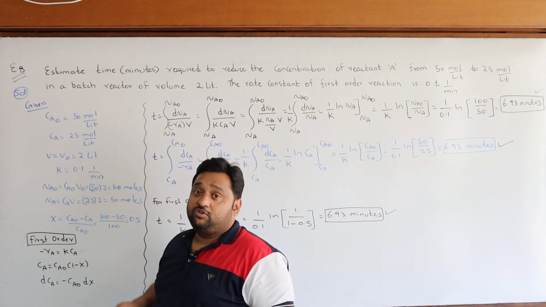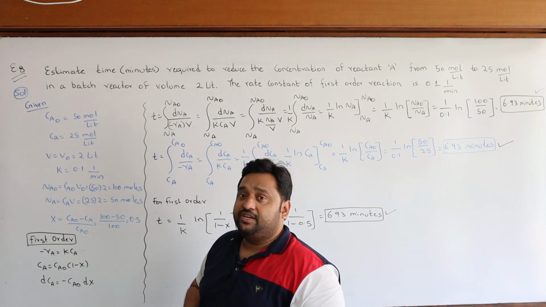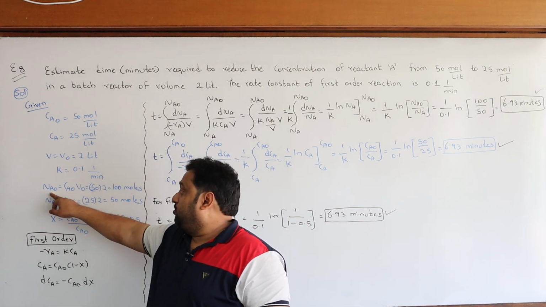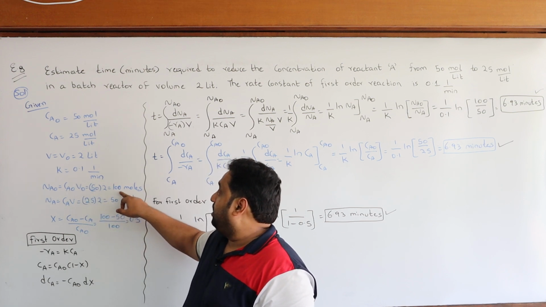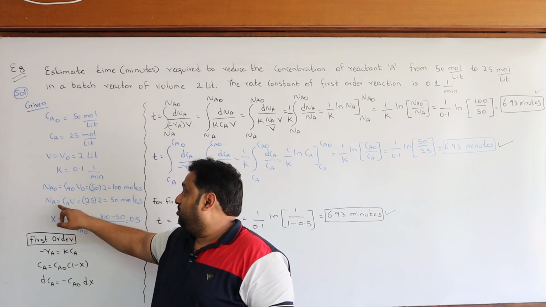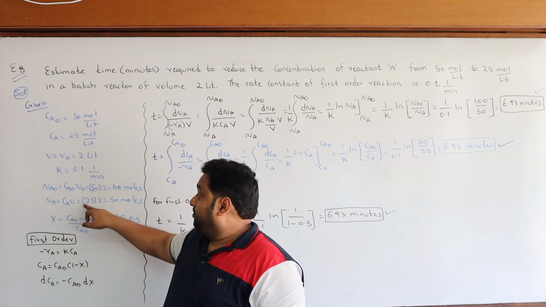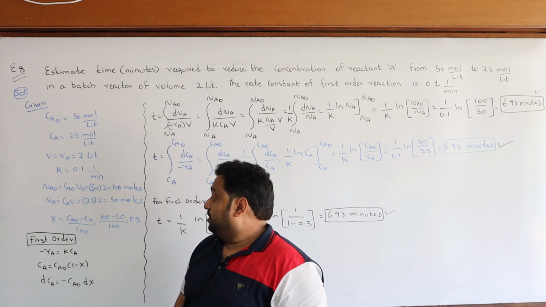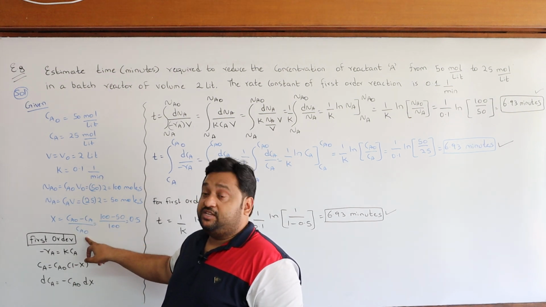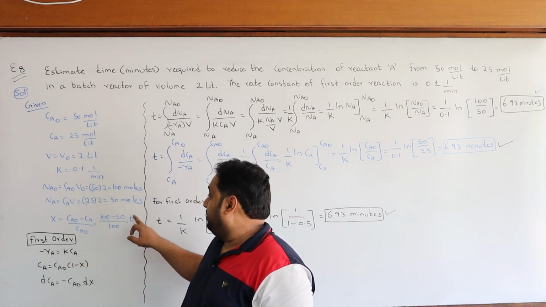Initial moles is equal to initial concentration into volume, which is 50 times 2, 100 moles. Final moles is equal to final concentration into volume, which is 25 into 2, 50 moles. And you know the conversion: Ca0 minus Ca by Ca0, 100 minus 50 by 100, this is 0.5.